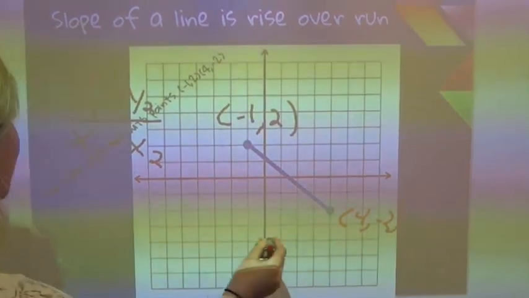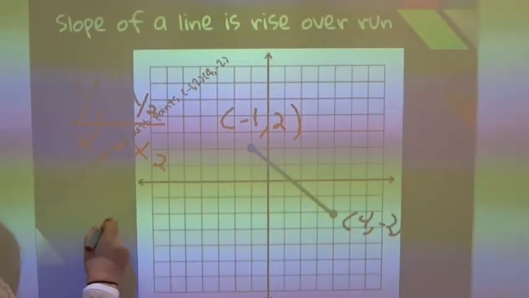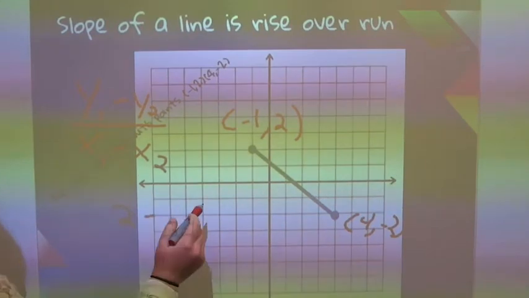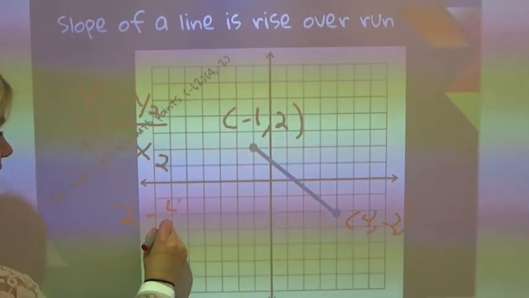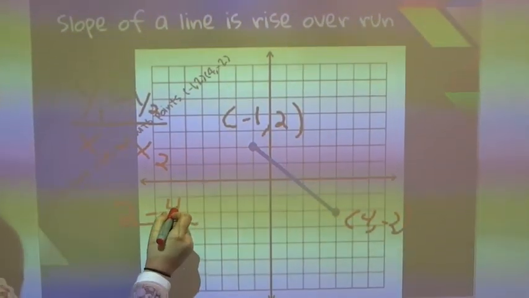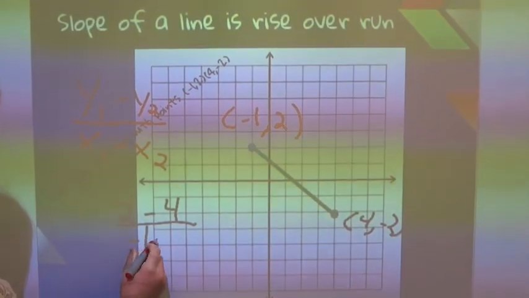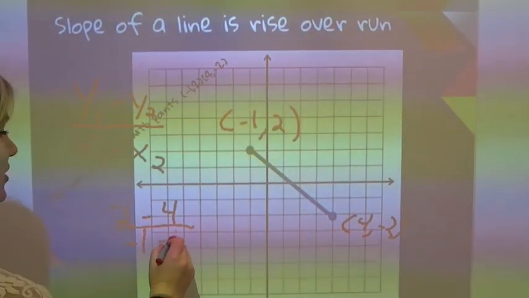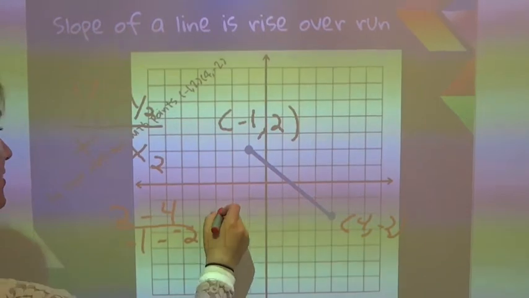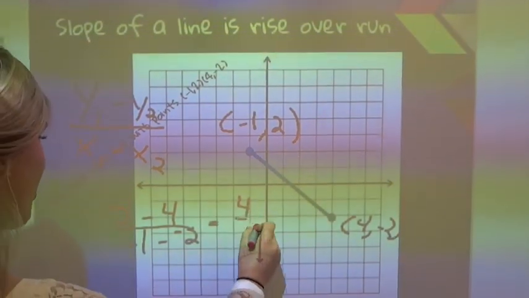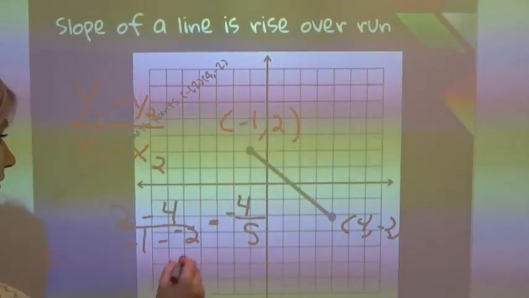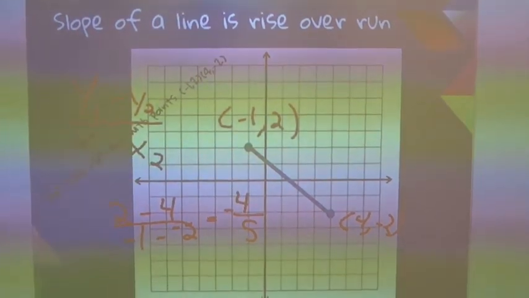So we can plug these into the equation. y1 would be 2 minus y2, which would be negative 2, all over x1, which would be negative 1, minus x2, which is 4. That equals 4 over negative 5, or negative 4/5.